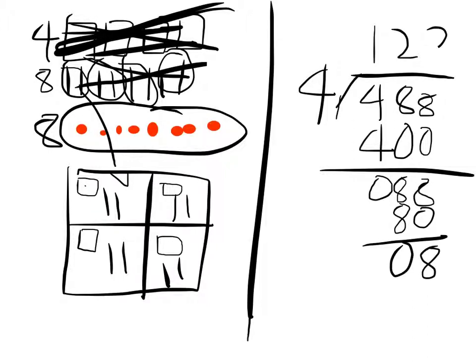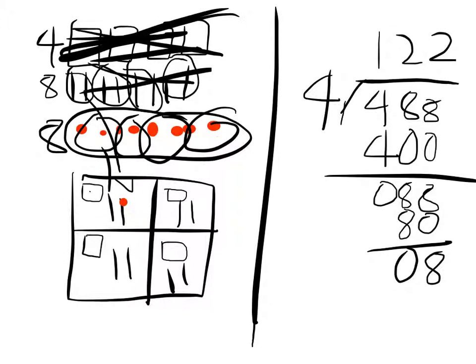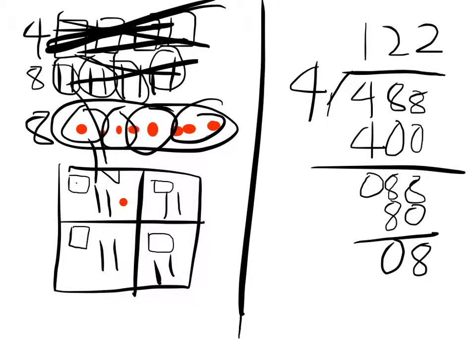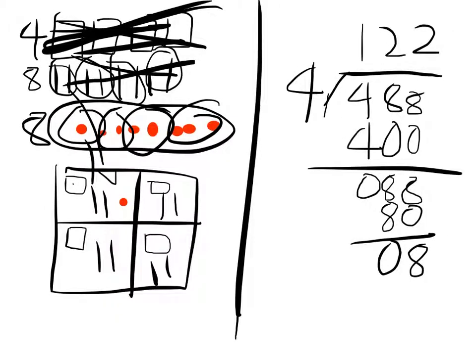Let's do this one more time. So divide, and then we do that, do that, do that, do that. And then what we would get is 2 of these circles in every single group.